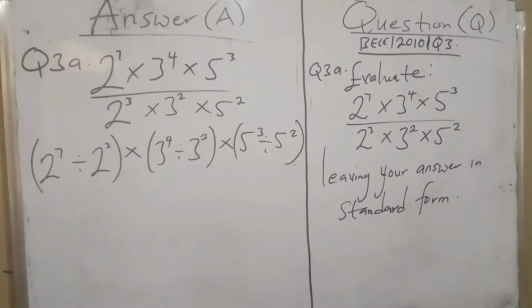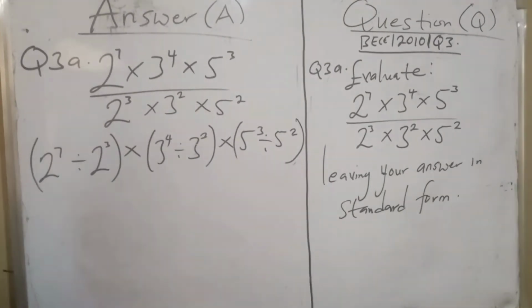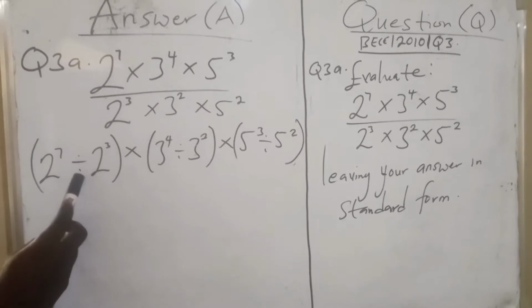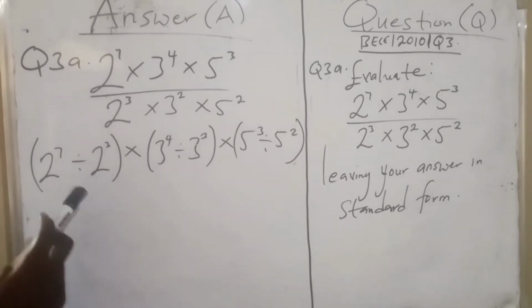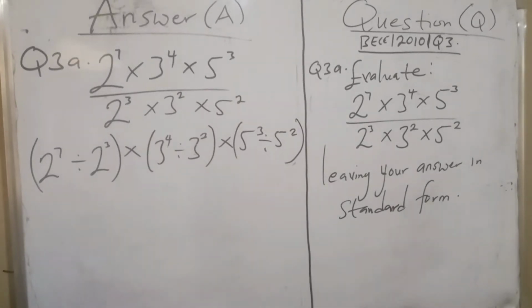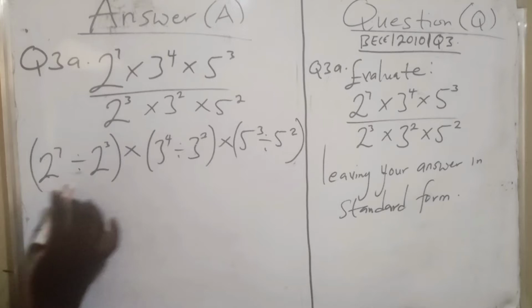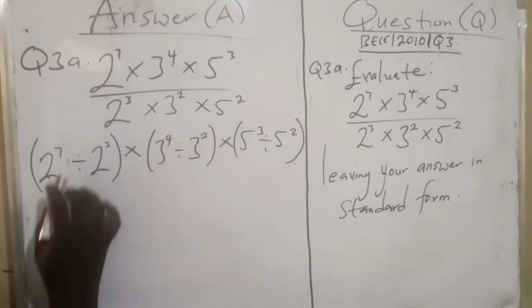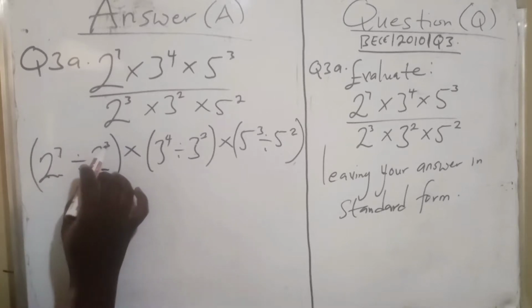After that, you can see that there's a division sign in all the brackets. So we apply the division law to each of them. Applying the division law of indices, the law says that if the bases are the same and you are dividing, you pick one of the bases and then you subtract the powers.